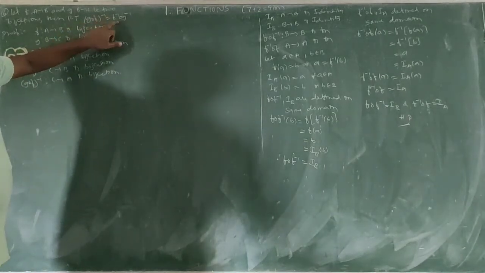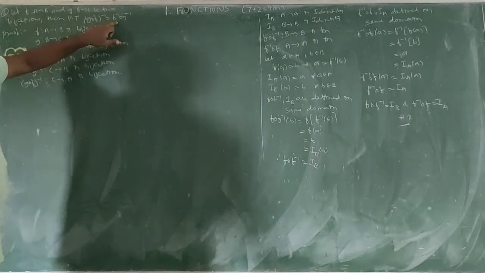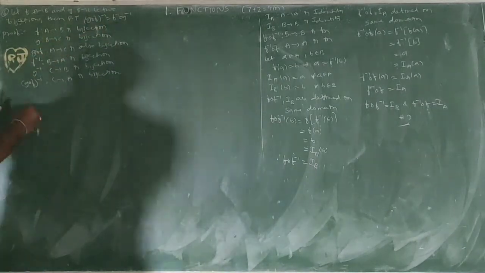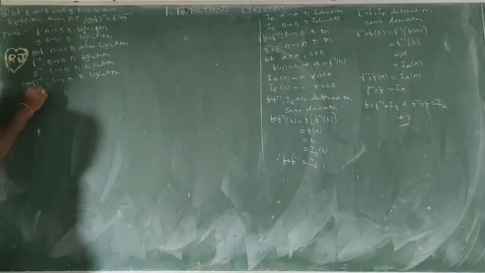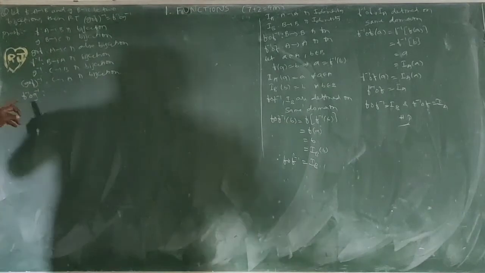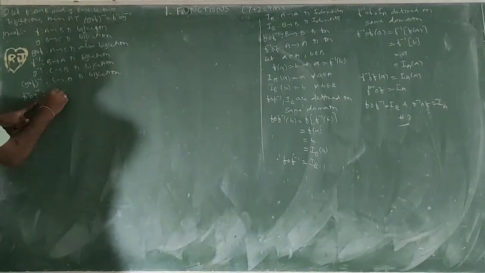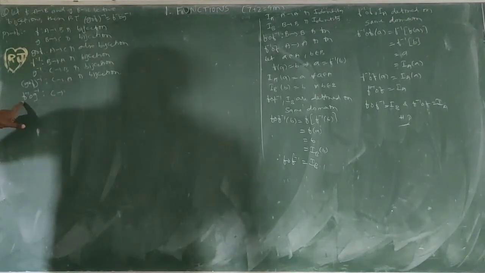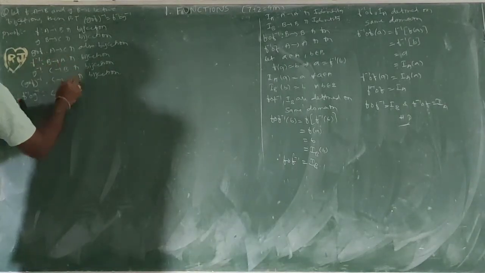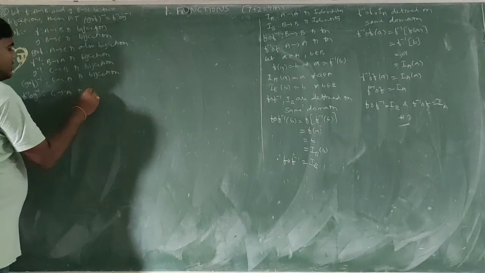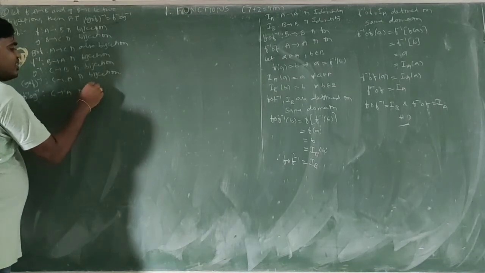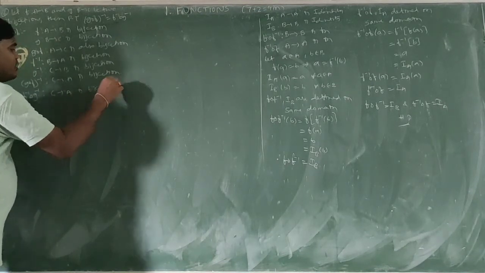So we need to prove this. First I want to check the domains and codomains of F inverse circle G inverse. If we take F inverse circle G inverse, the domain of G inverse is C, and the codomain of F inverse is A. This is also a composition of functions.